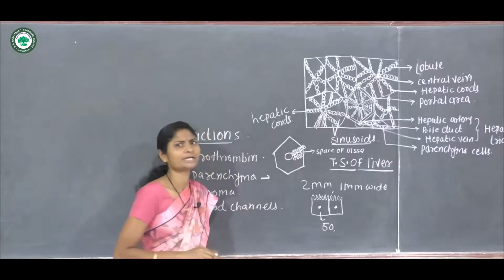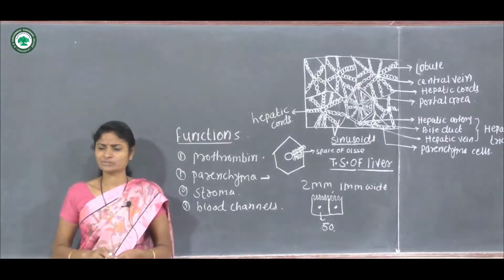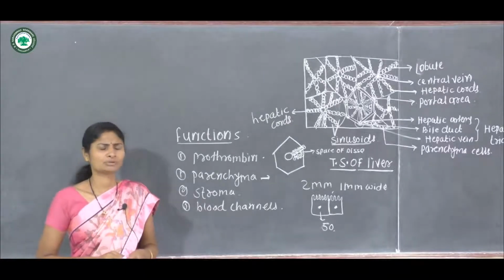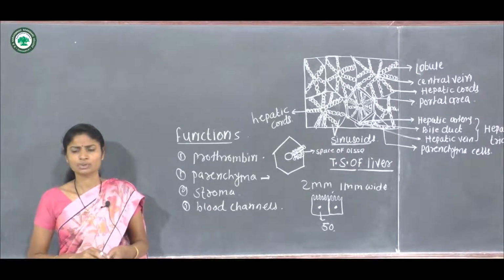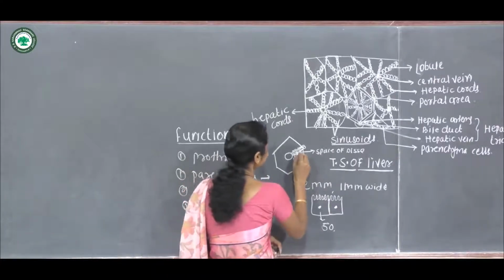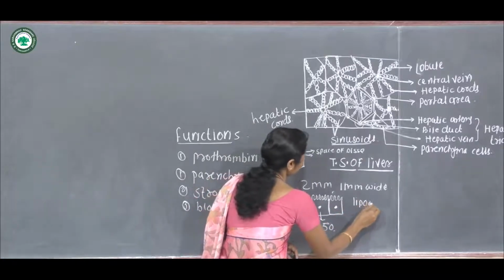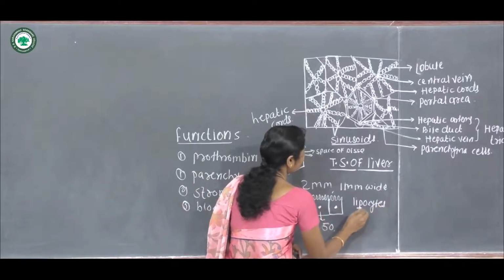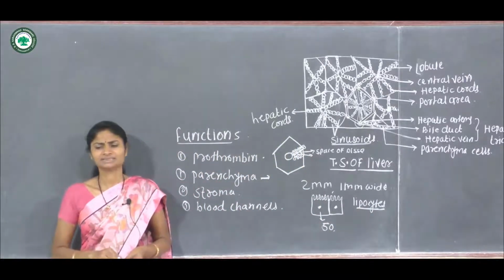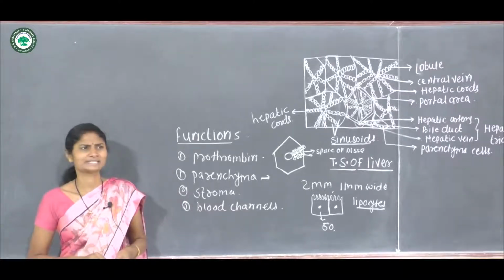In this space of Disse, fat storing cells, also called lipocyte cells, are present, and this space stores the fat droplets.